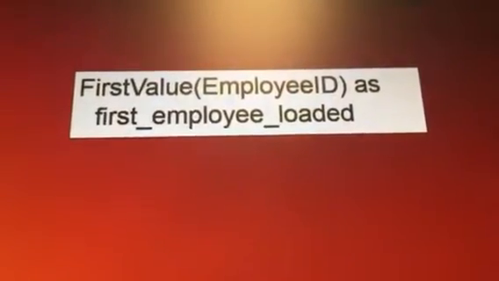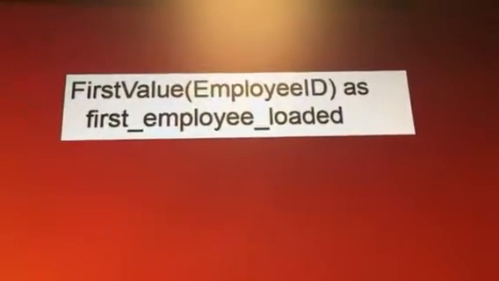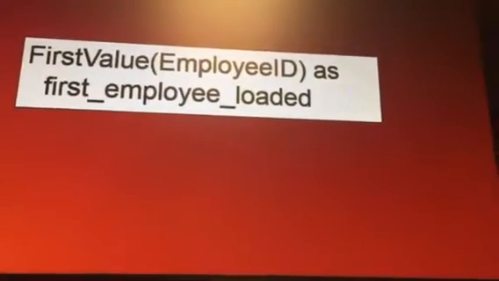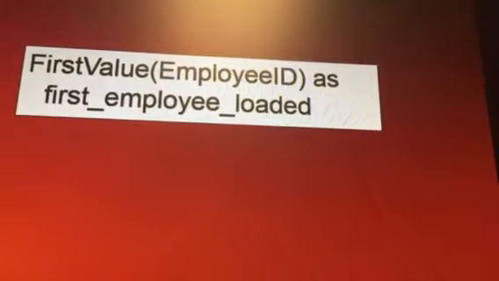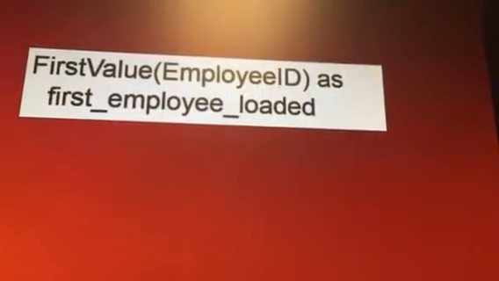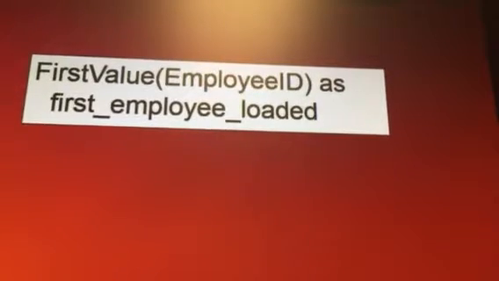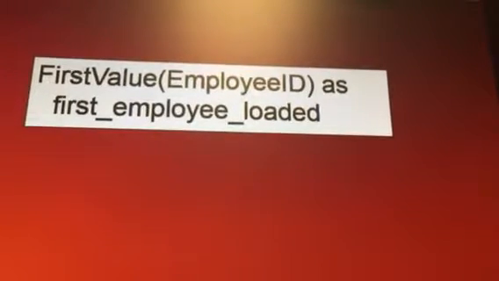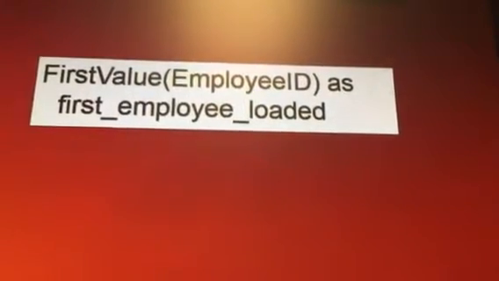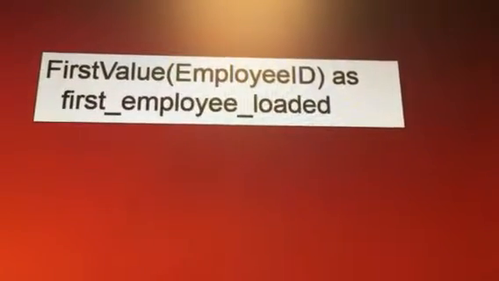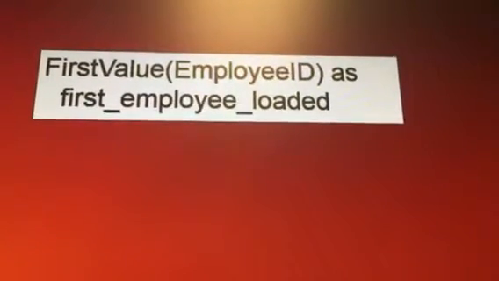And then we also have first value, last value. Now, this one's a little bit subtle. This might not be immediately obvious here. What we're doing is calculating the first and last strings in the particular load order. Now, why would we care about this? Well, we might want to know what is the employee ID that was loaded first.